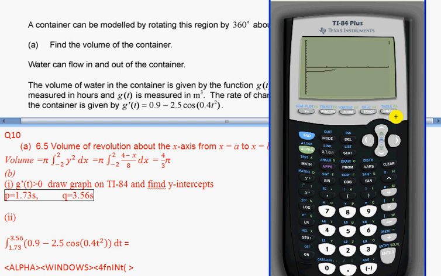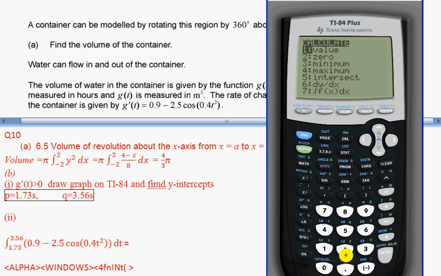So we see that positive is between P and Q. So P and Q are zeros. So we press second calculate, and we need zero. Here they need left boundary and right boundary, so we can see that the boundary is between 1 and 2. Guess. This is the first value, 1.73.